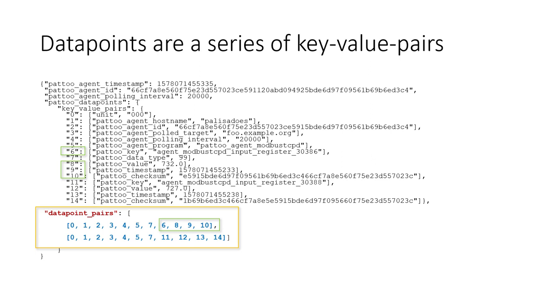This could be different depending on the API usage that you write, but this is the way the Pattoo web front end interprets this data when it gets the information from the API from the web agent perspective.